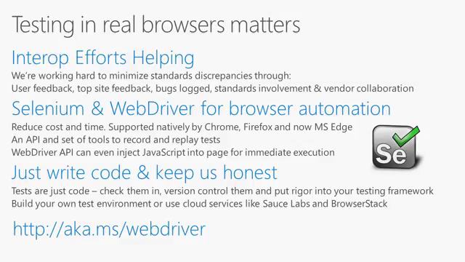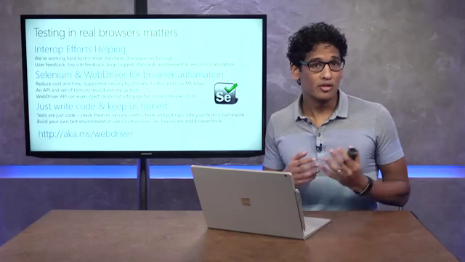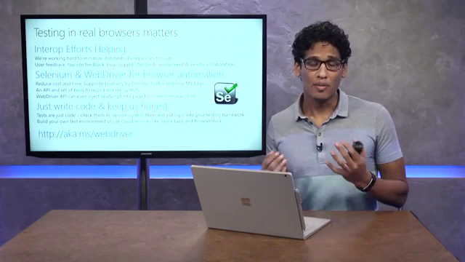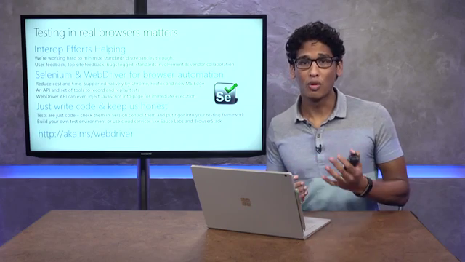WebDriver is an API that allows you to remotely drive a browser and run a series of tests. It also includes tools that allow you to record tests, which will actually spit out the code for you. So we really encourage you to use this technology and treat your tests just like code. Check them in, keep them up to date, and run them whenever you deploy an update.